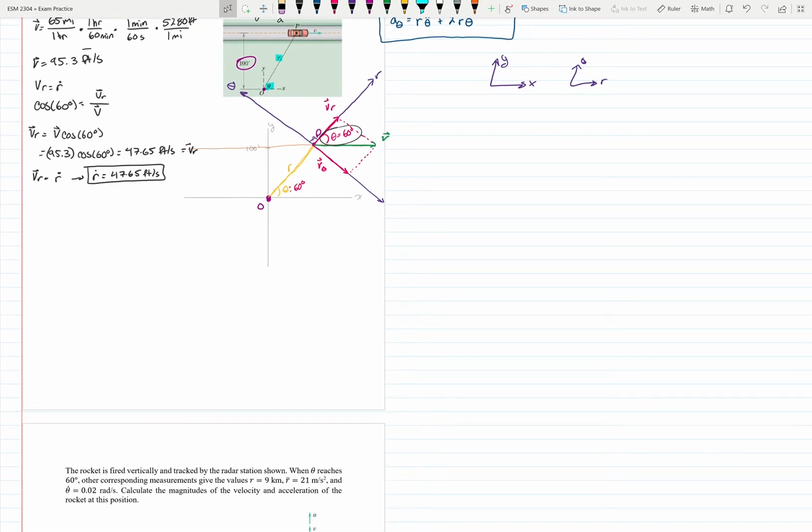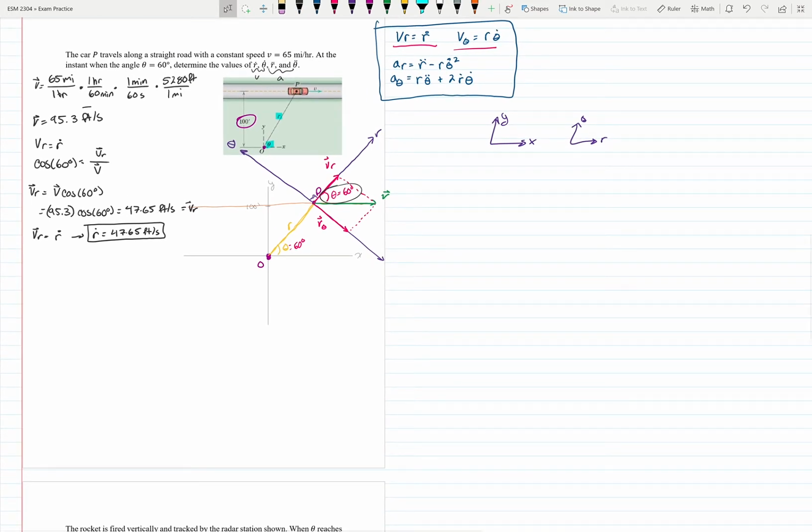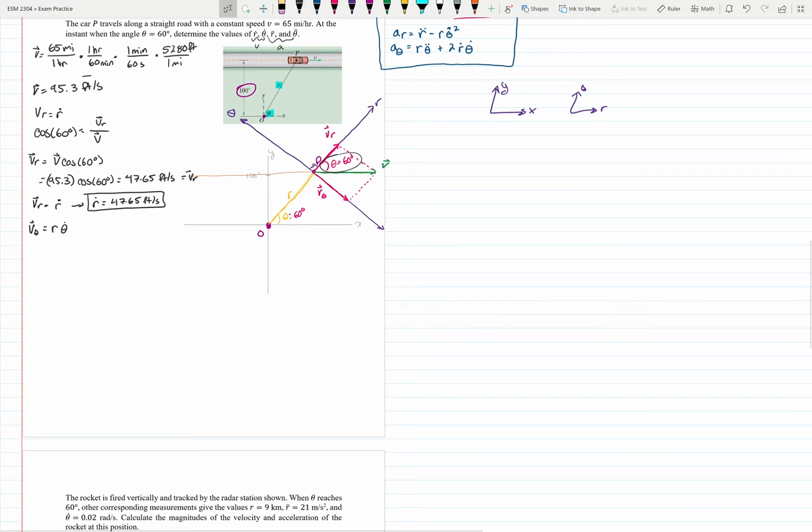Now it gets a little more difficult, but the same idea, we find v theta. Well, v theta is equal to r theta dot. How can we find v theta? It's the same idea. This is going to be 30 degrees. So we know that cosine of 30 is equal to v theta over our velocity.